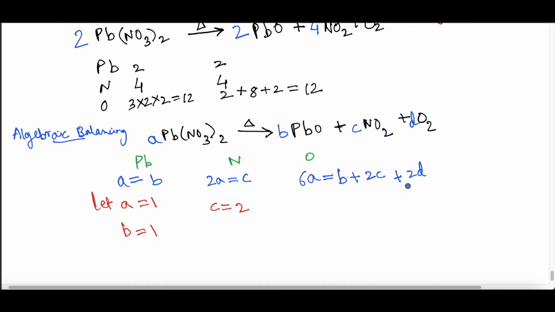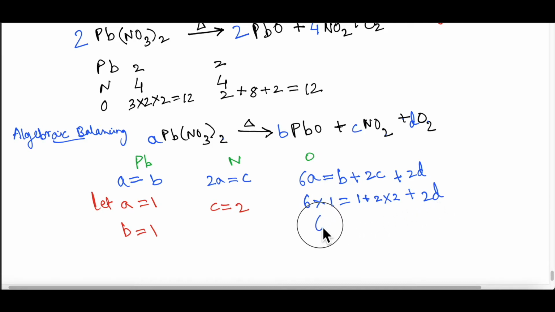In order to get the value of D, we will write down the values of A, B and C in this equation. So it is 6 times A, A is 1, is equal to B, put the value of B as 1, plus for this C put the value of C as 2, plus we have to find the value of D, so plus 2D.